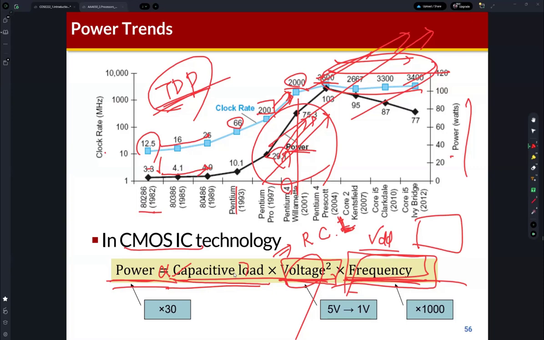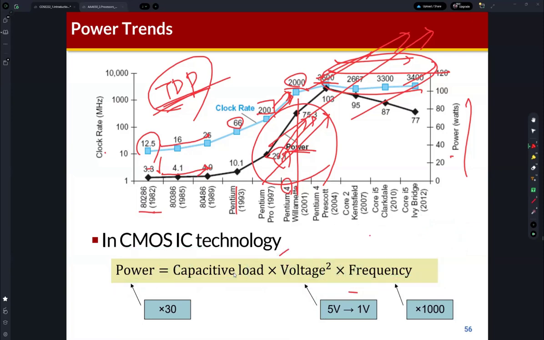Okay. And then, when the CPU is advanced, the power is also increased.